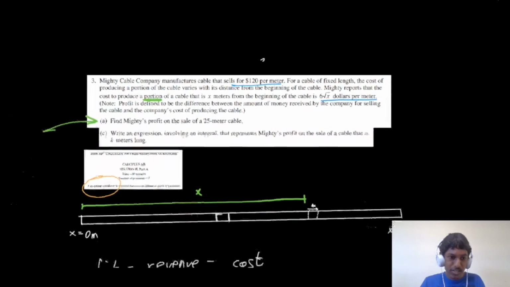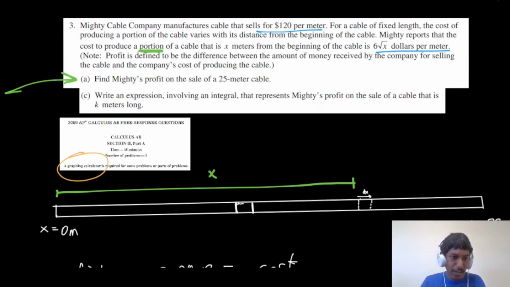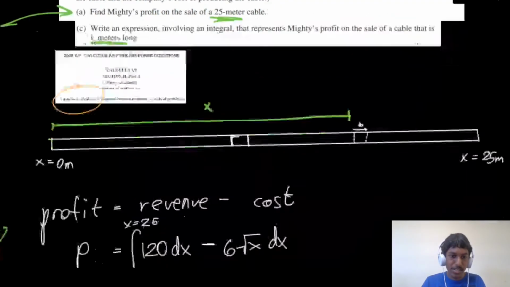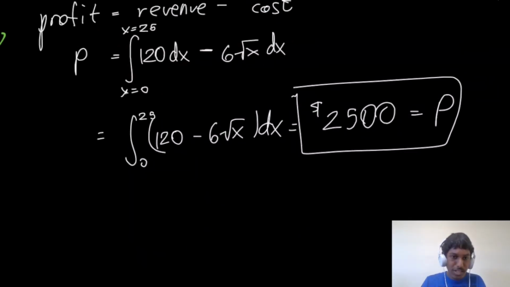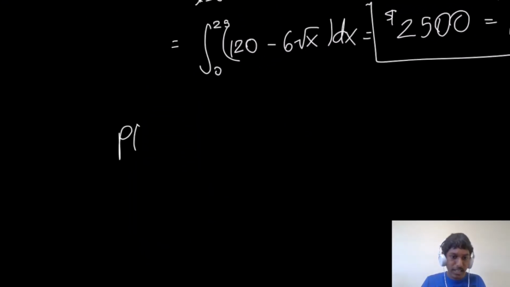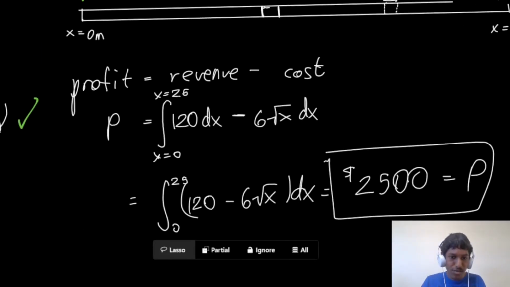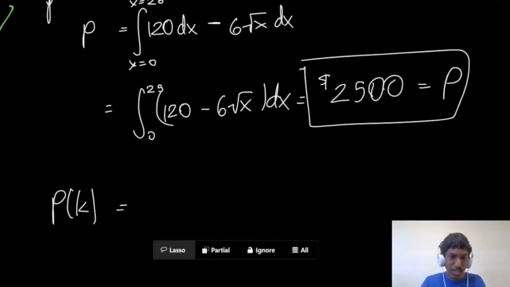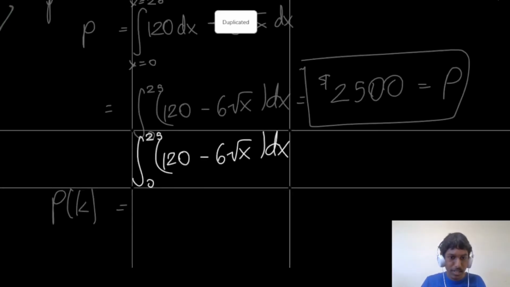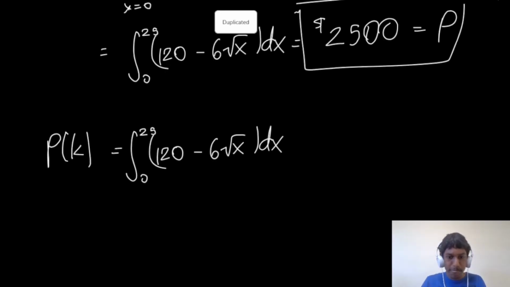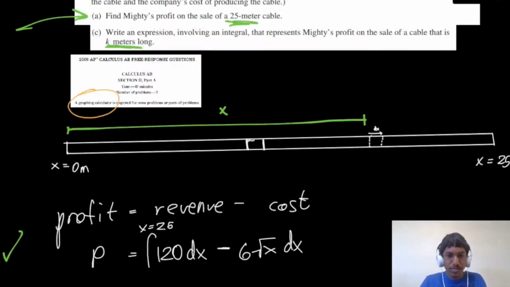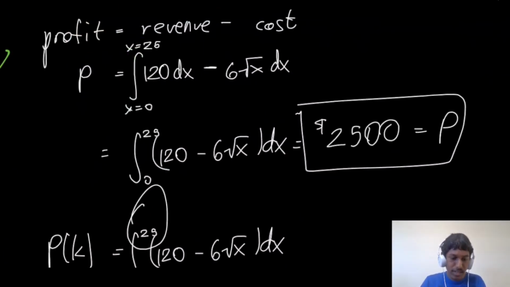So now let's look at part C, where now instead of 25 meters, we're looking at K meters. So if we wanted to generalize this as a function of K, we're going to be using pretty much this expression. So I'm just going to copy this here, right? But for 25 meters, we had this 25 at the top.